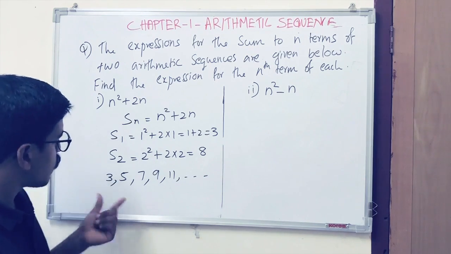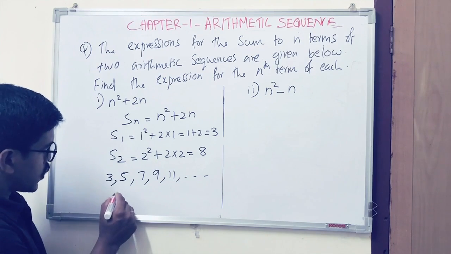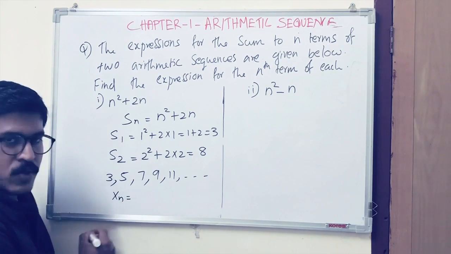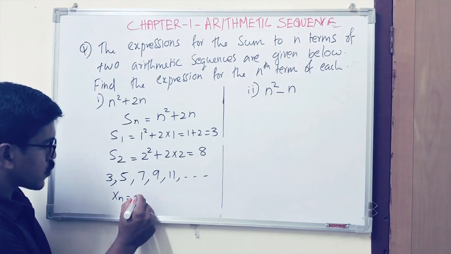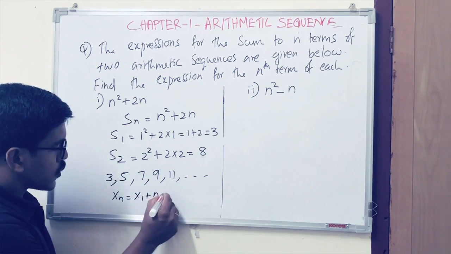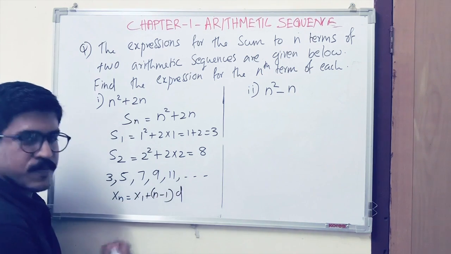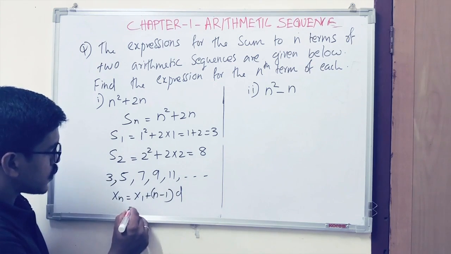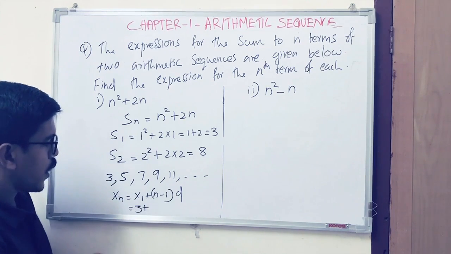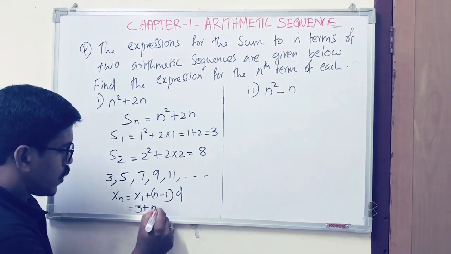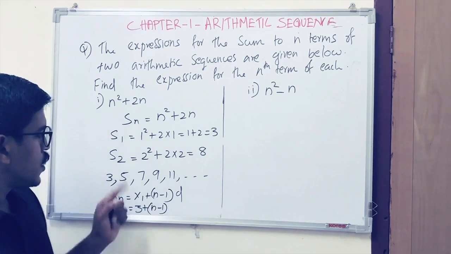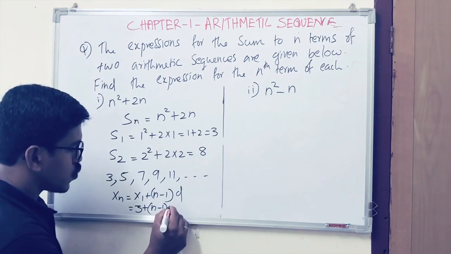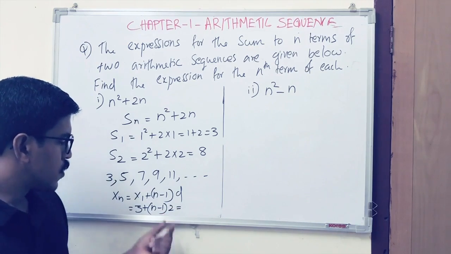Now we can directly find out the nth term, that is xn is equal to x1 plus n minus 1 into d. Right? x1 here is 3, so 3 plus n minus 1 into d, where 2 is our common difference.